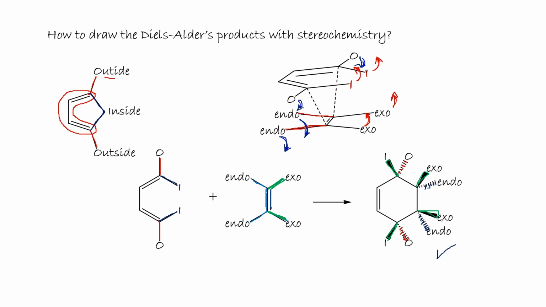And we end up with this enantiomer. Okay? But remember that you have another enantiomer. It's racemic nature.